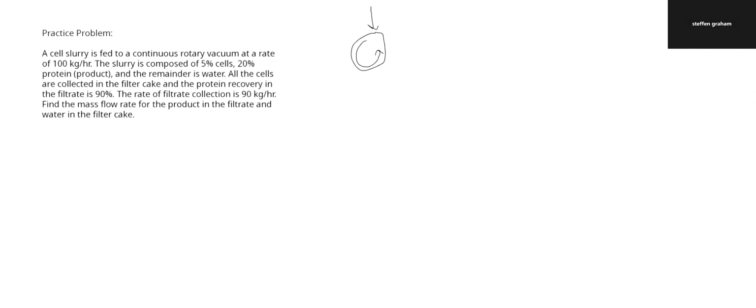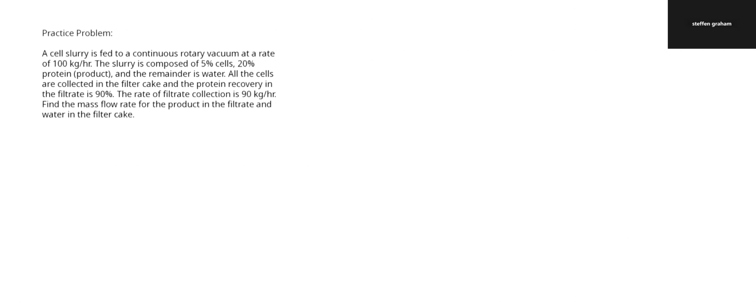All the liquid that you want to keep might drain this way, and the cake, in our case the cells, builds up on it here, and then you have a scraping thing that will scrape it all off and it goes that way or something like that. Again, not necessary for this problem. I just modified a problem that I had seen a while ago for this.